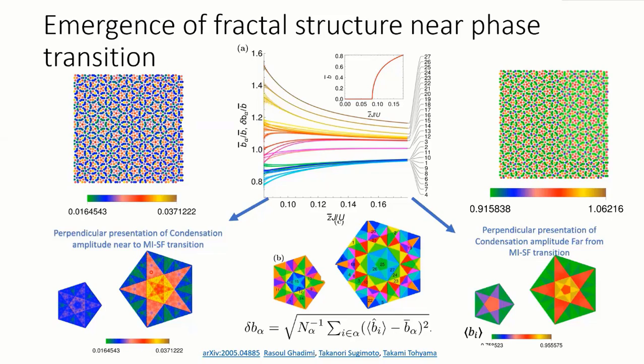In other words, each vertex in the Penrose quasicrystal now has a different superfluid amplitude. So it signals that by approaching the phase transition, the vertices within one class behave differently.